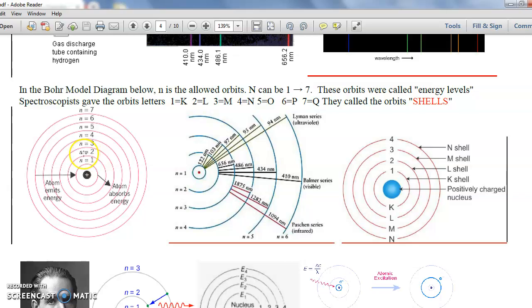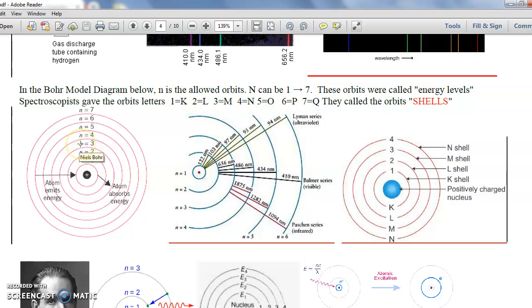Yet not all the electrons on the second level have the same amount of energy, because we now know that the second level is made up of an S sublevel containing 1 orbital and a P sublevel containing 3 orbitals, and the electrons in the P sublevel have slightly more energy than the electrons in the S sublevel, which we would call the 2s. The 2p electrons have a little bit more energy than the 2s.